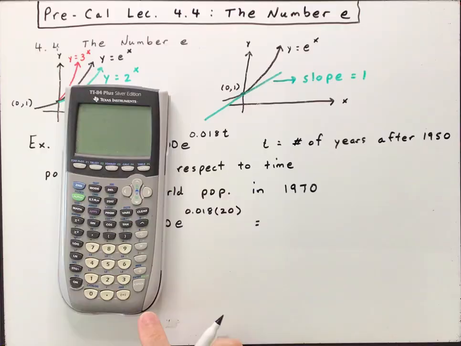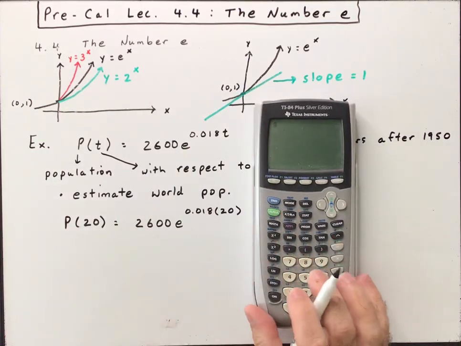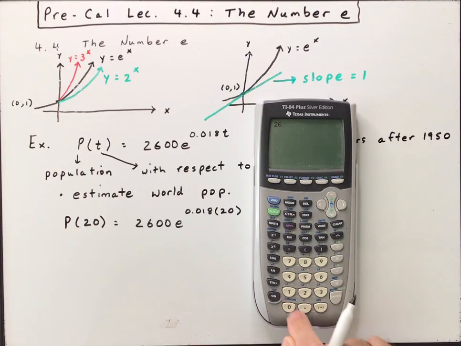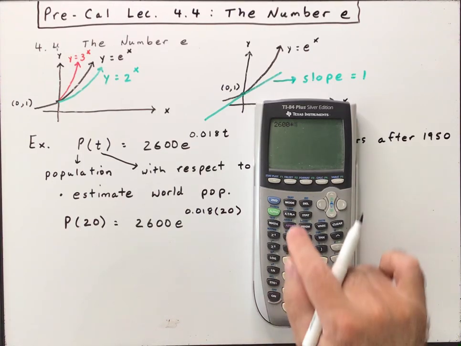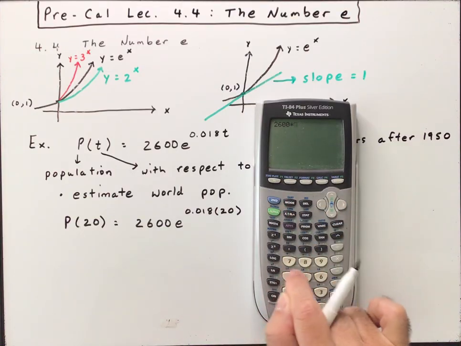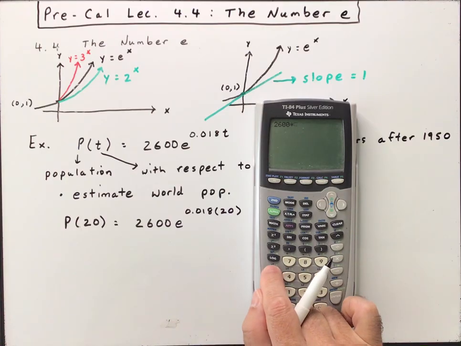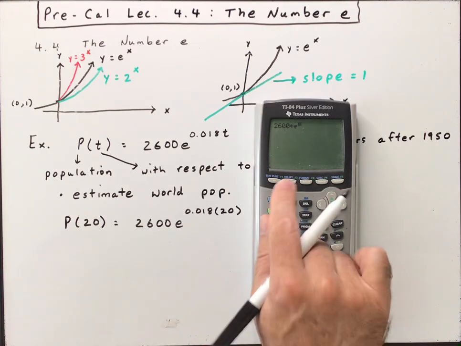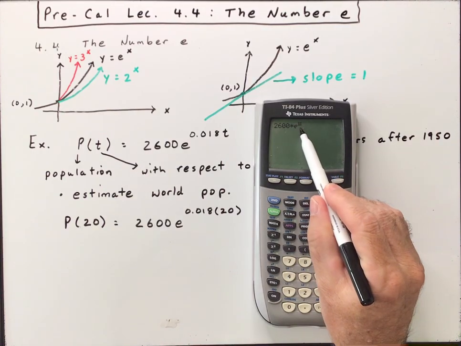Okay, so let me put it over here so you can see the model. So we've got 2600 times, and the e function is in blue on this TI-84. So hit second, and then e to the x is above the LN key. That's the natural log key. And you can see that it goes into an exponential right there.